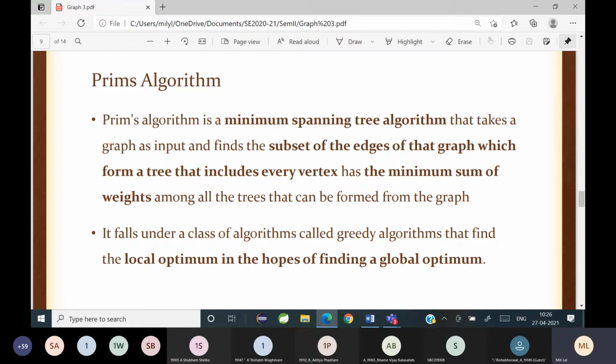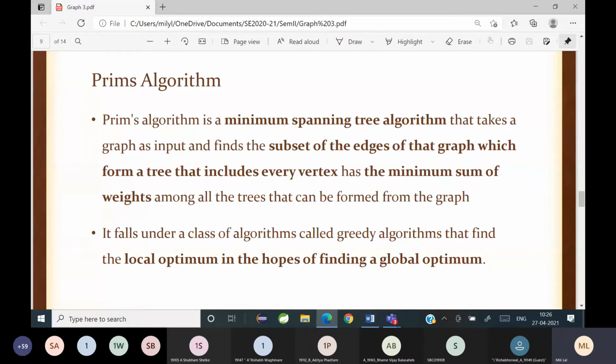क्यों? Because हमें all the vertices तो include करना ही है. We are setting up the offices and connections देना है between the offices in such a way that we bear the minimum cost. So Prim's algorithm is the best example we can take to set up our data structure. So just go through it. It falls under the class of algorithms called greedy algorithms.